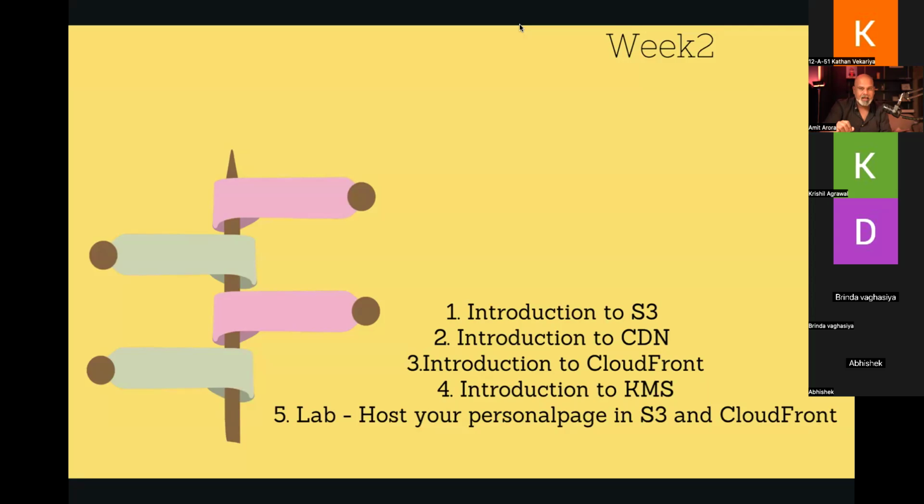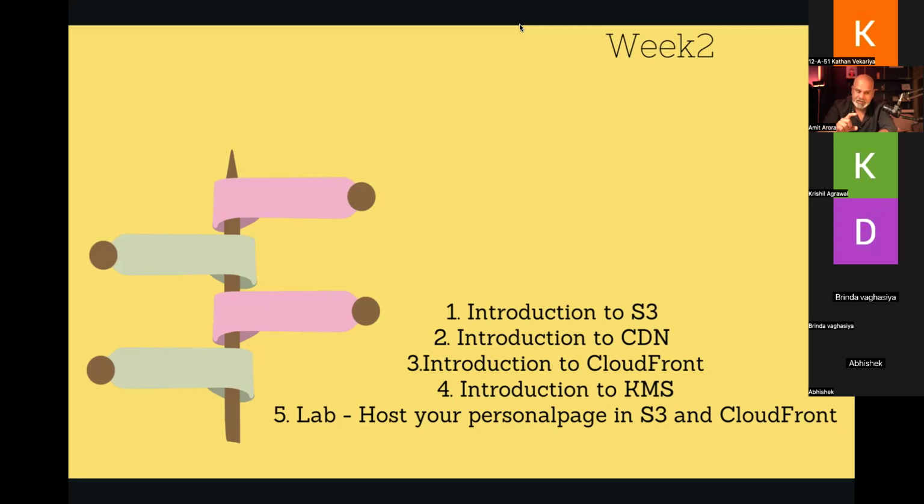So basically, in this session, we will cover S3, which is a storage service from AWS. Just like your Google Drive, S3 can store objects. S3 is available over internet, and you can use S3 to store anything.